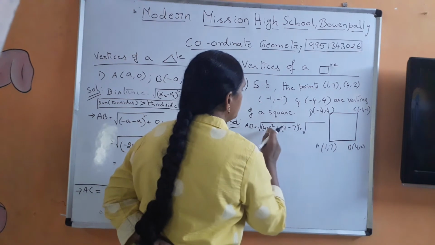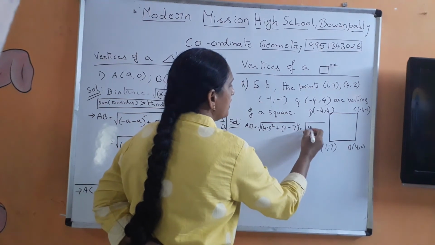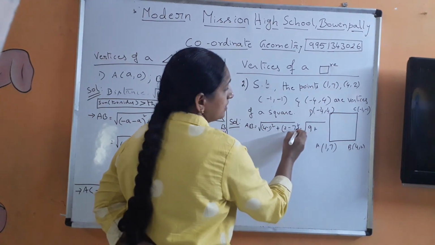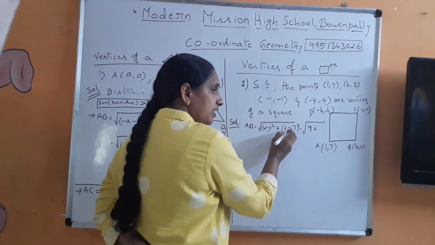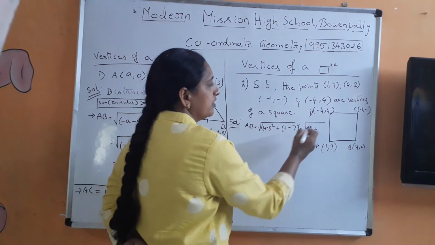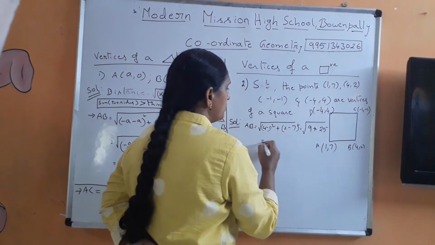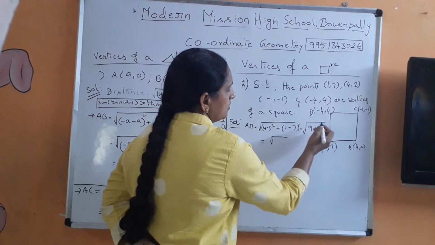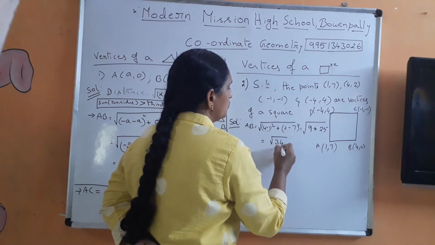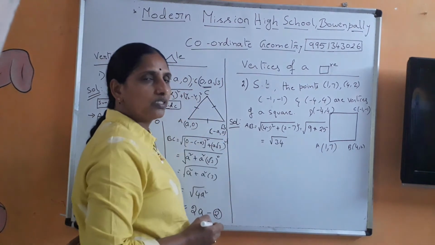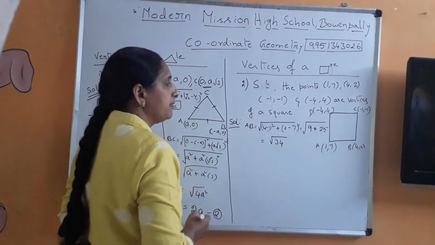That is 4 minus 1 is 3, 3 square is 9, plus 2 minus 7 is minus 5, minus 5 whole square is 25. 9 plus 25 is 34 under root. So you got AB to be root 34 units.